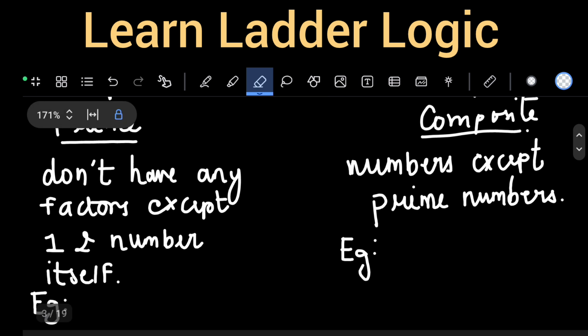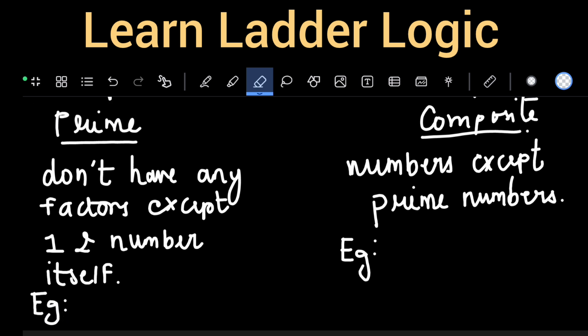Let us understand prime numbers in an easier way: those numbers which don't come in any other tables, which come only in their own table and one's table. Ignoring the one's table because all the numbers come in one's table, let us understand a few examples of prime numbers and composite numbers which would make you understand this topic very well.